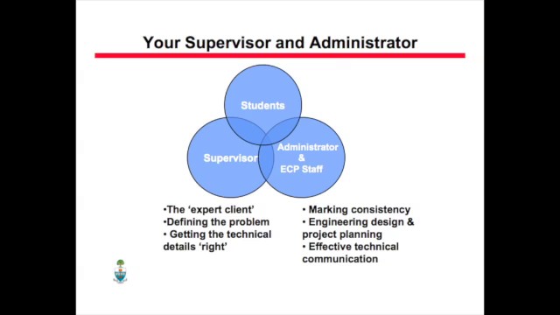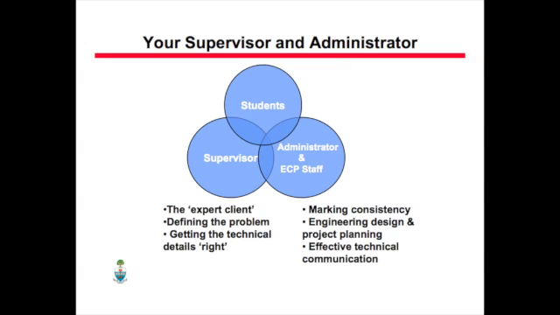When you're working on the project, your project has both a supervisor and an administrator. Your supervisor is focusing on the technical details. And oftentimes they will define a problem for you.